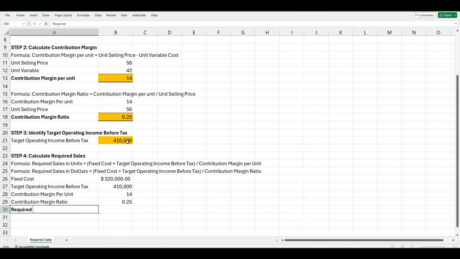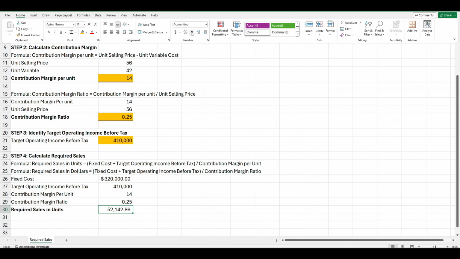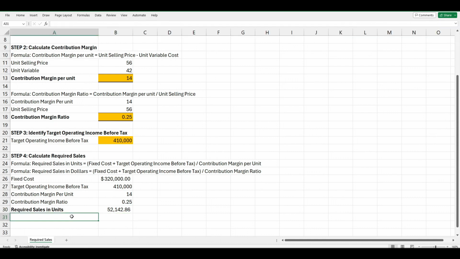So the required sales in units is equal, and don't forget to include your bracket, fixed cost plus target operating income divided by your contribution margin per unit. You just click all three, click enter, and that should give you your sales in units. So this shouldn't be in dollars, it'll be in units.